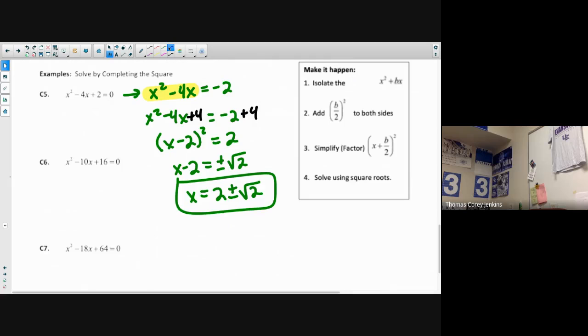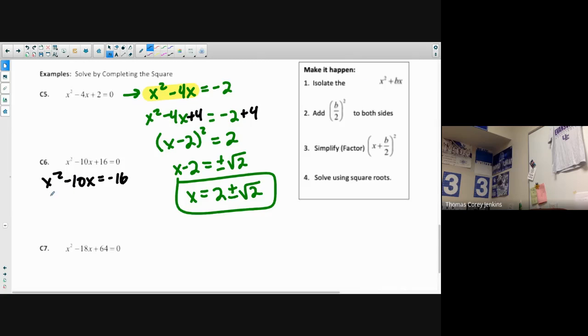Okay. All right, so looking at this one, let's go ahead and change it to x squared minus 10x equals -16. And we'll complete our square. We have half of this is -5 squared is 25.